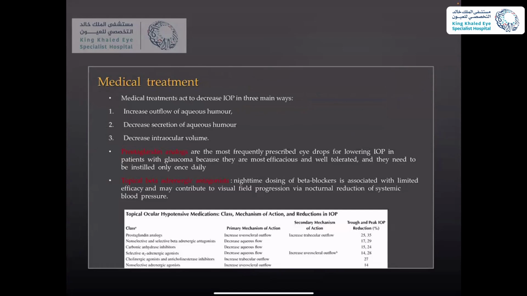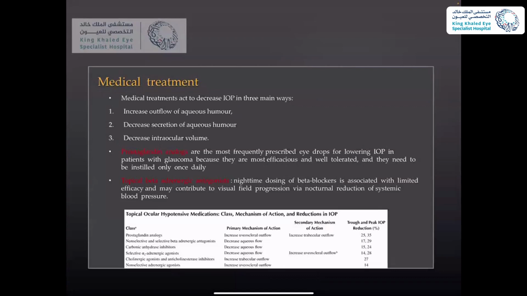First is increasing the outflow of aqueous humor. Second, decreasing secretion of aqueous humor. And the third one, which is the more aggressive one, is to decrease intraocular volume by decreasing the vitreous body.